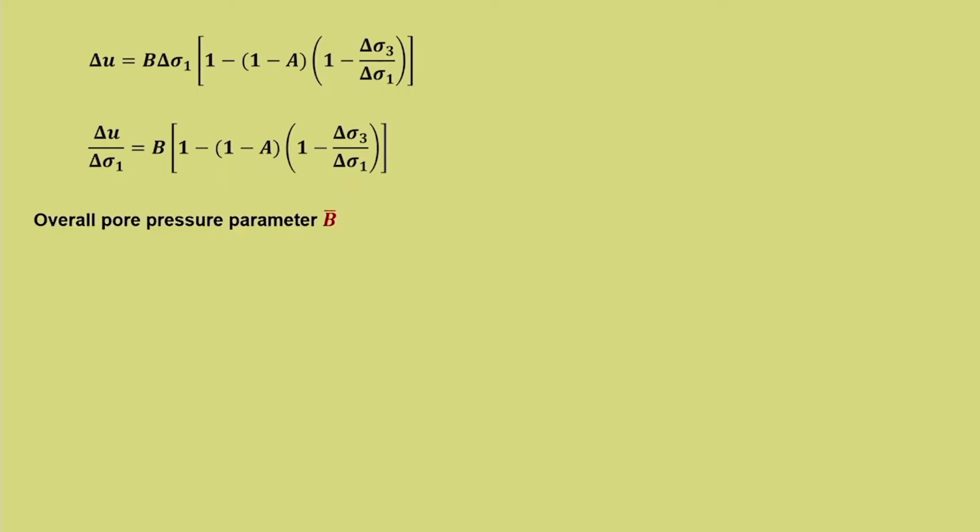This overall pore pressure parameter B bar is this particular expression, which is B into [1 minus (1 minus A)(1 minus delta sigma 3 by delta sigma 1)]. So, this is the overall pore pressure parameter equation B bar. Now, delta u by delta sigma 1 is a function of B bar. Once you know B bar, we can always calculate what will happen to delta u as a function of delta sigma 1.